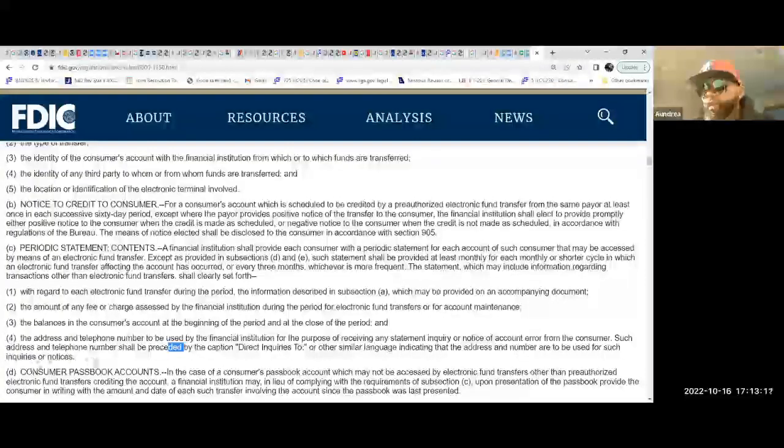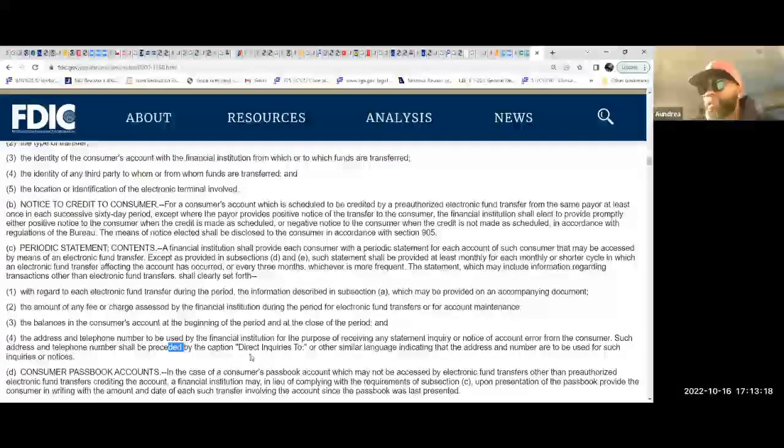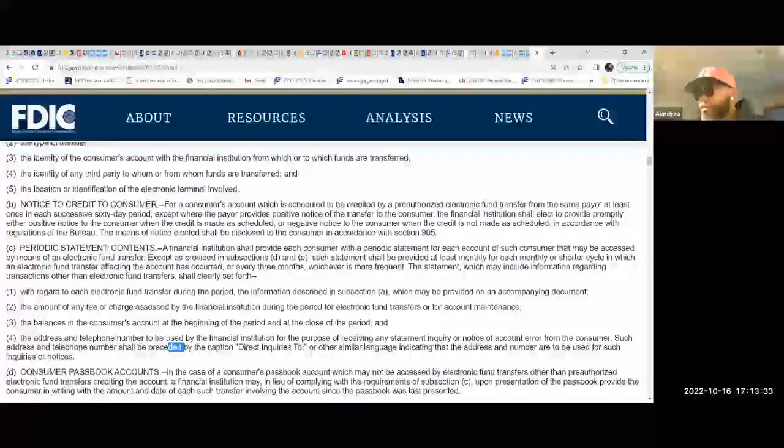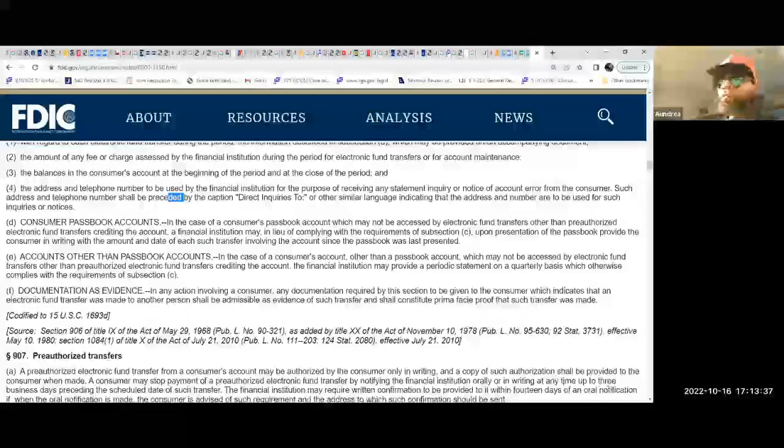Such address and telephone number shall be preceded by a caption, direct inquiries to, or similar language indicating the address and number are to be used for such inquiries or notices. Consumer passbook account. So it's basically breaking down, you know, everything on how the accounts pretty much work.